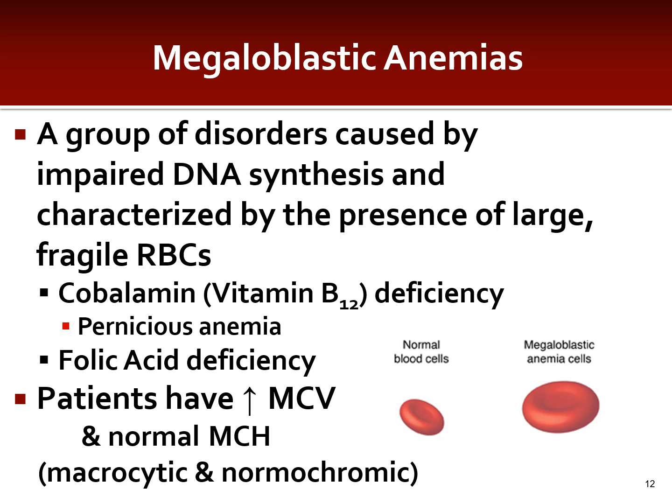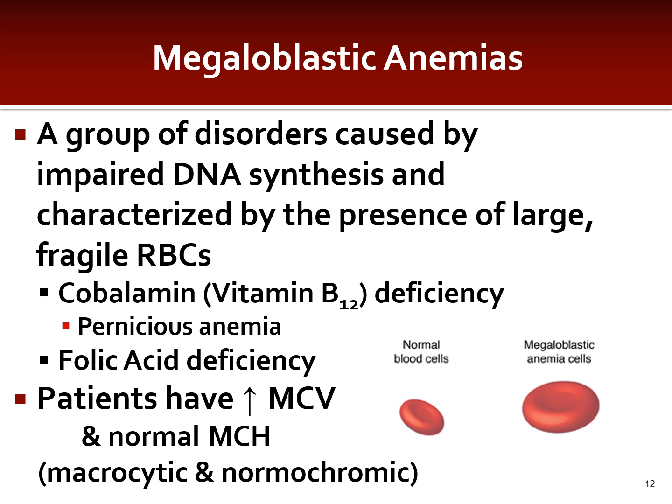So cobalamin, or vitamin B12 deficiency, and folic acid deficiency can cause these metabolic anemias. And then again, based on the shape, you're going to see an increase in the MCVs and normal MCHs. Again, we're still looking at the shape here.